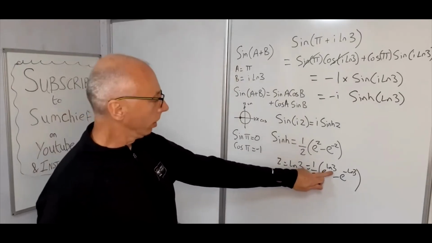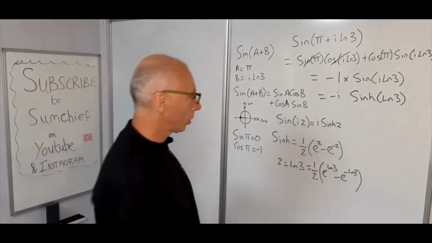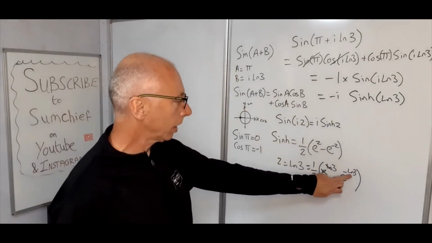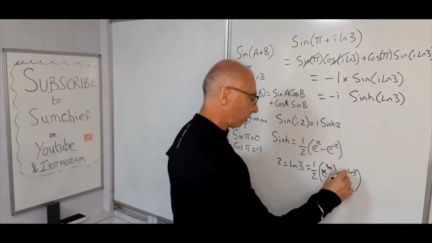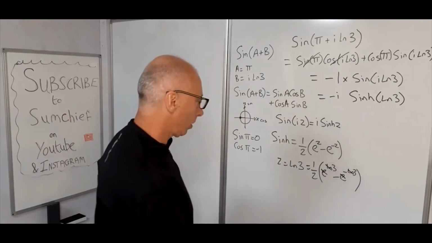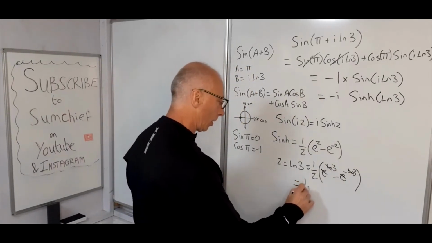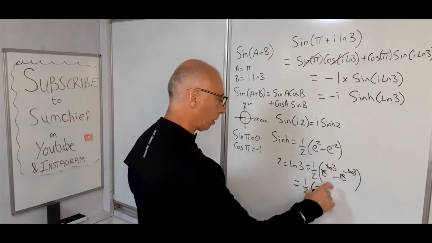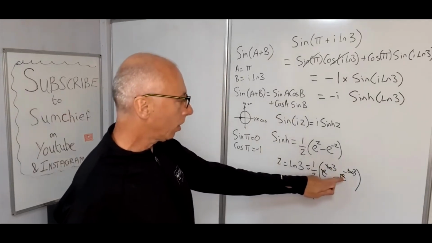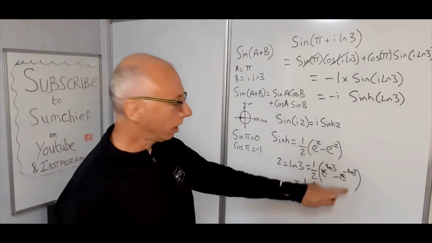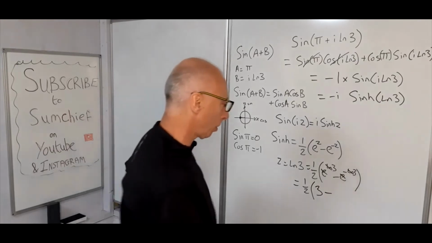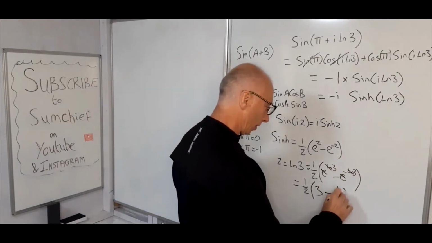Okay, this is good. e and natural log are inverse functions, so they can cancel out each other, and the same again, e and natural log here can cancel. So now we're left with 1/2 times 3 minus, and then careful here, we've got -3 here, so we don't just put in -3 because it's a negative, it's the reciprocal. So that's 1 over 3.